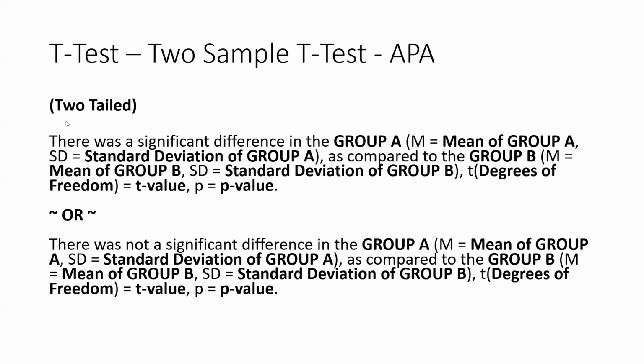And the difference between this example or this output and this output, as far as APA format is concerned, is for this, the null hypothesis was rejected, so there was a significant difference. And for this, we failed to reject the null hypothesis. Remember, we either reject the null hypothesis or we fail to reject the null hypothesis. We don't accept the null hypothesis. It's either rejected or failed to reject.